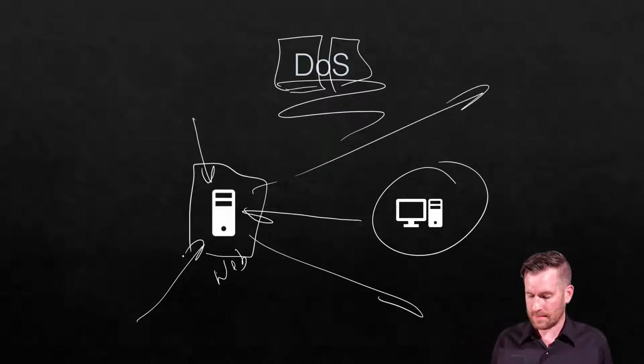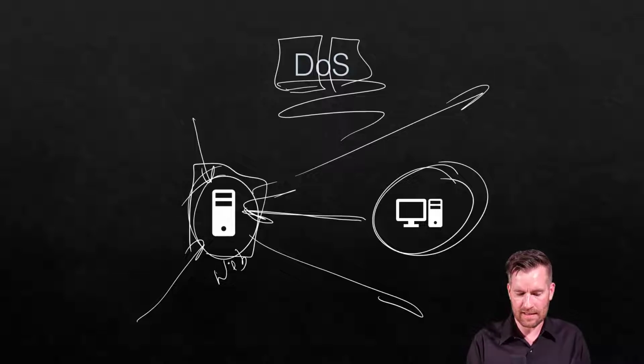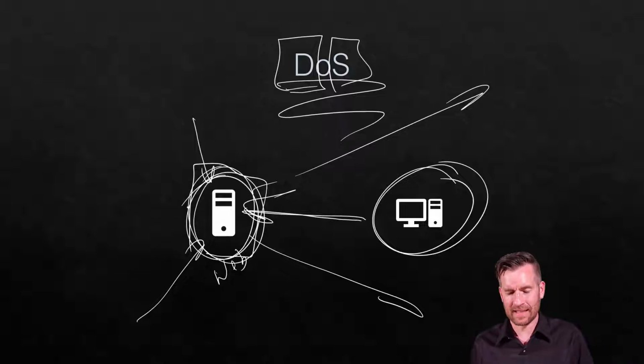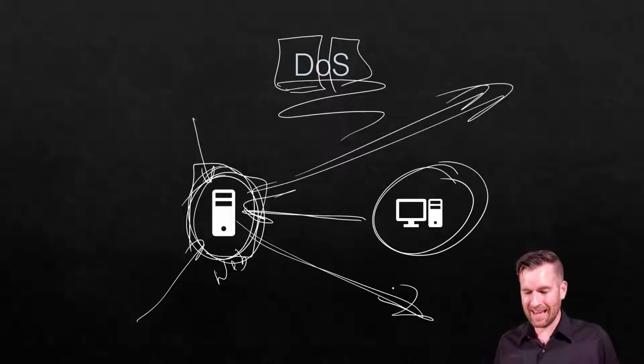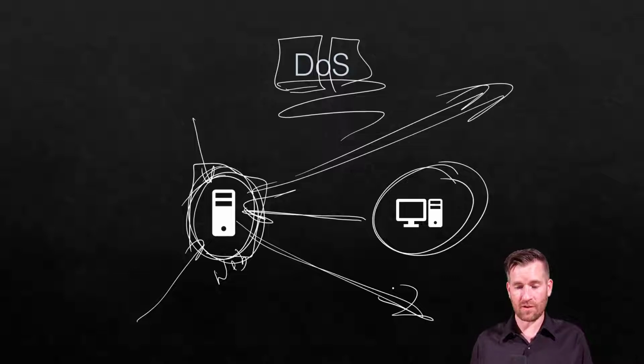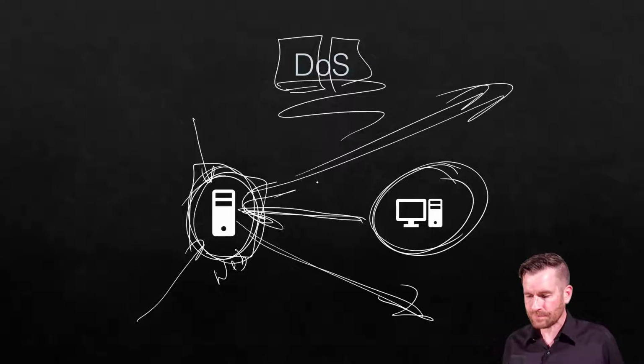And so this could be as simple as this computer sending out too many pings to this computer right here and flooding it with all of these ping requests, and now it's not able to serve out the services to anyone else. And the problem is that this type of attack is actually very simple to send and to get going.